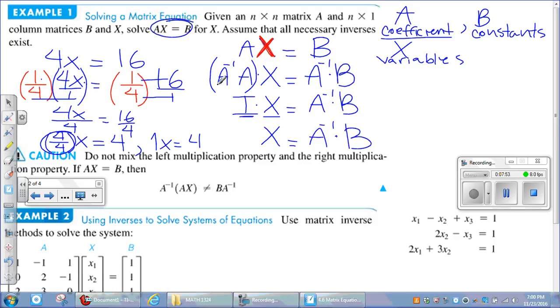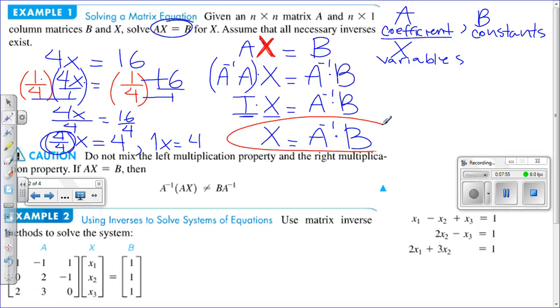So the big idea here is that the solution to a system of equations will be found by multiplying the inverse of the coefficients times the constants. And it's very simple to do.